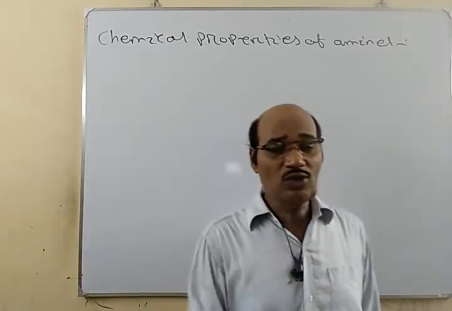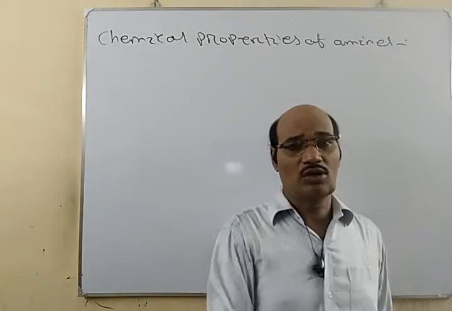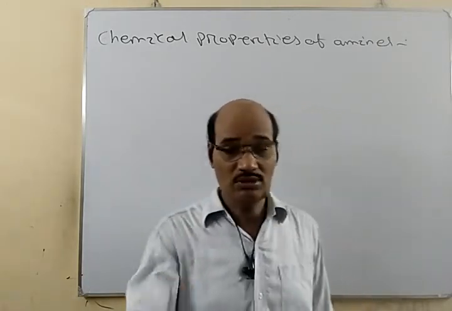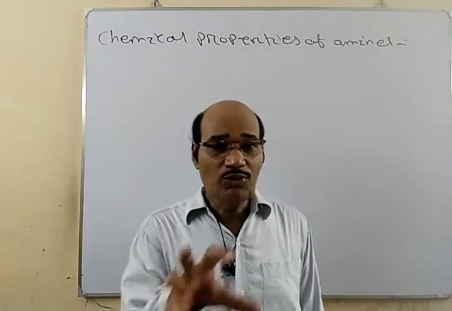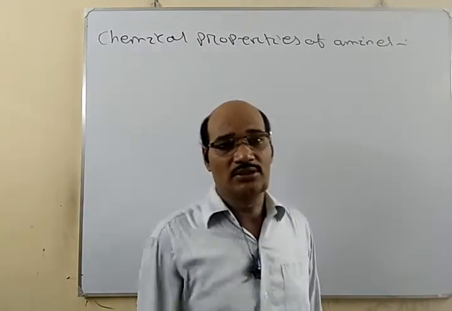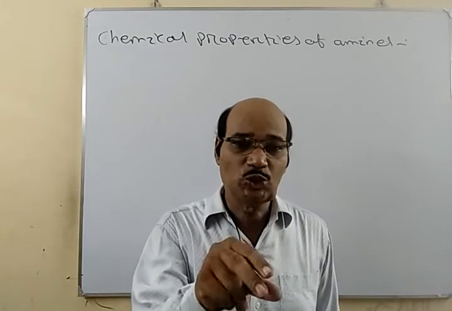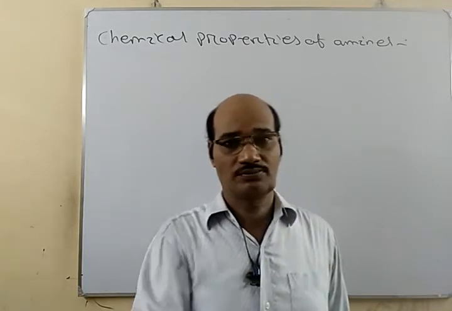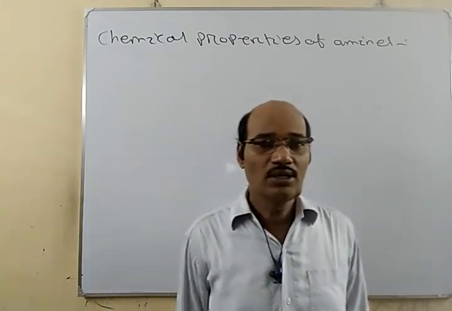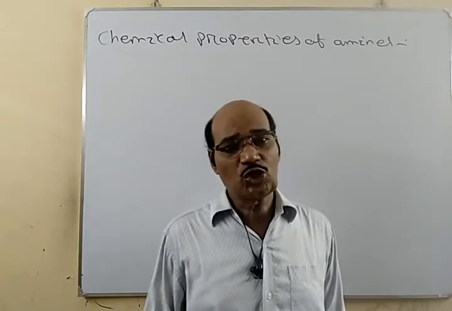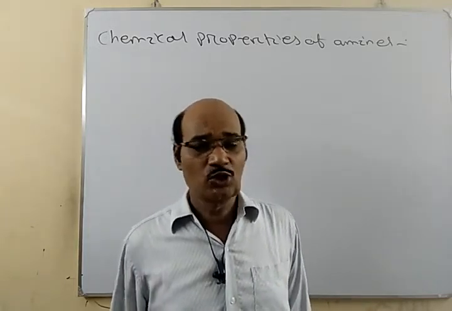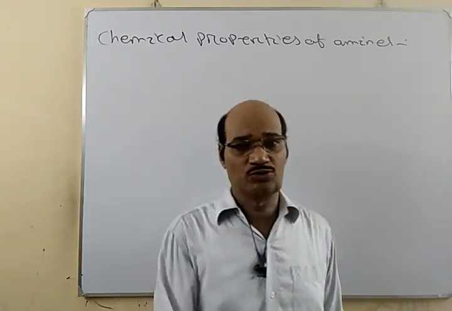So if you want to get the ortho or para products as usual, then we have to protect the activity of the NH2 group present in the benzene ring. So to get either ortho or para product, we have to protect the NH2 group. How can we protect it?